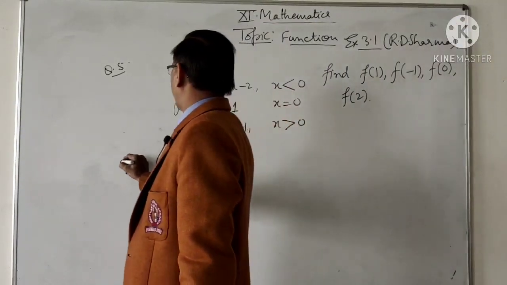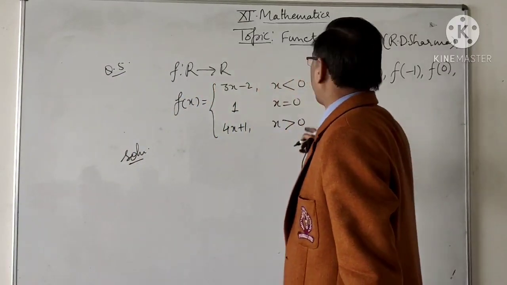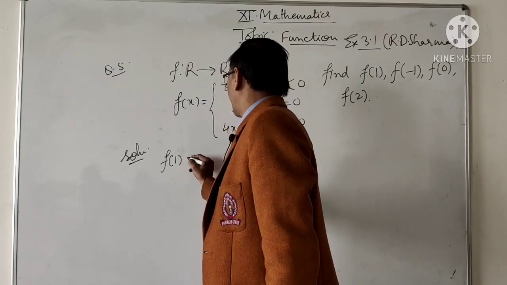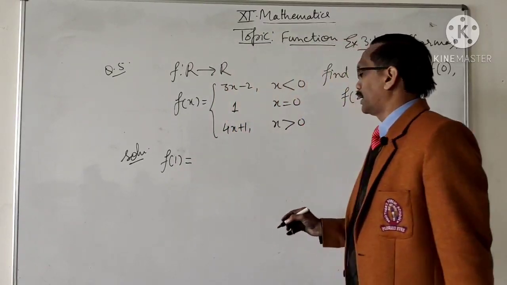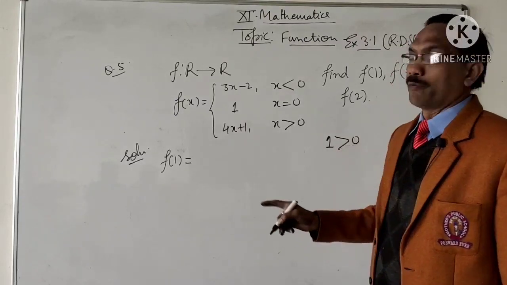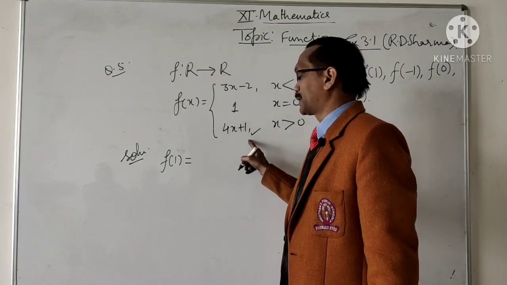Now see the solution. First case f(1). Student, 1 is greater than 0, that is why we will take the function 4x + 1.